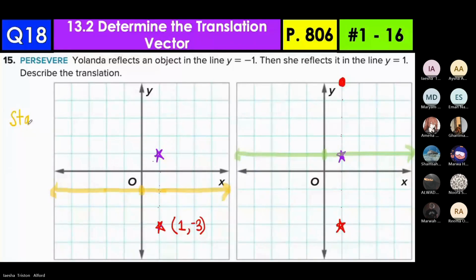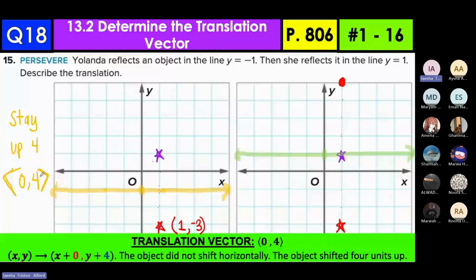Stay, and up 4. So how do we write it as a vector? 0 and positive 4. That's it. Okay, so we went 0 and up positive 4.